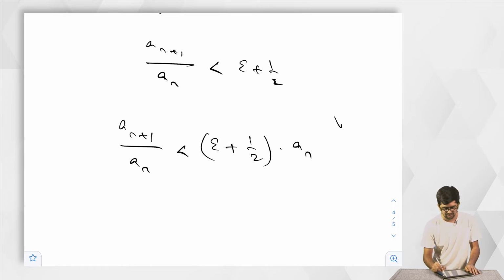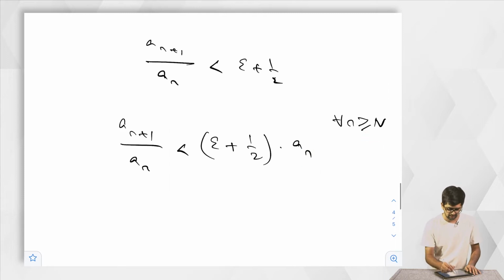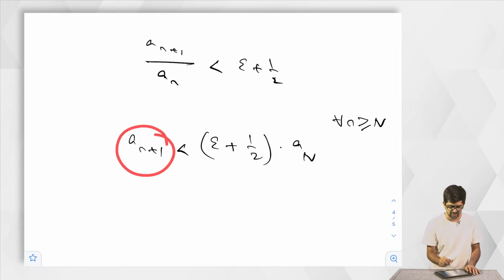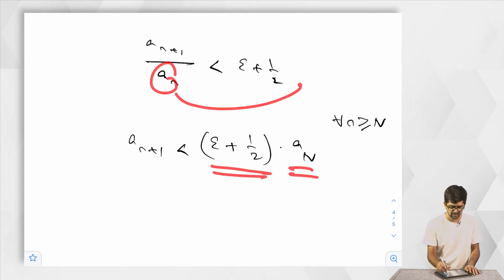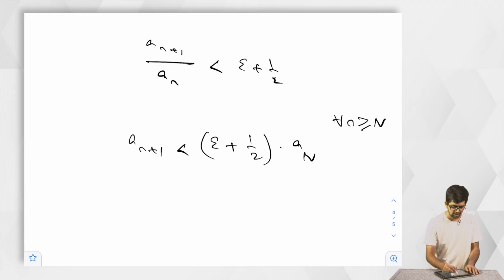This is true for every n greater than or equal to N. In particular, when n equals N, this should be true. So I am replacing this n by N. Then we have a_(N+1) less than epsilon plus 1 by 2 times a_N. Just pushing this here. Now in particular I should replace this n also.